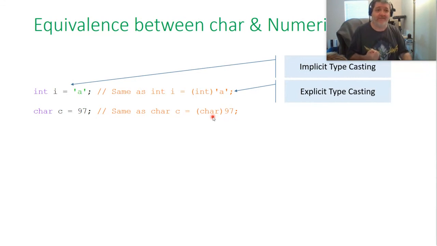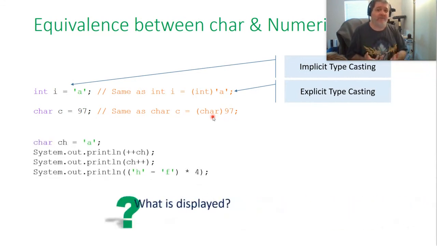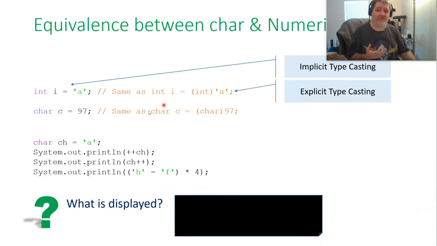So to make sure that this sinks in, let me take some examples that are more or less trivial. And I'm going to also tie this up with the pre and post increment operators that we have seen before. So take a look at this little piece of code. Char ch equal lowercase 'a', a character literal. So far, so good.